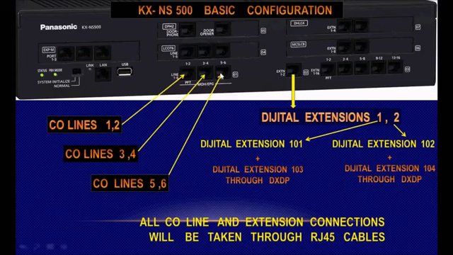These 3 ports give us an interface to connect, for each port, 2 CO lines, or 2 external music on hold sources, or 2 external pagers. Each port individually can be used for CO line, music on hold, or pager.